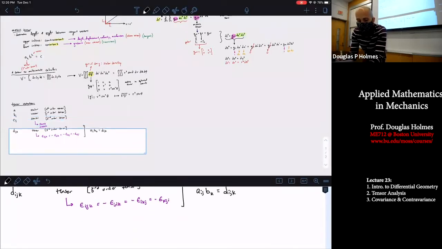There's a fourth order tensor, which is also really important in, let's not use E, let's use F_ijkl. This is most commonly encountered if you're taking elasticity. This is the elastic modulus tensor.